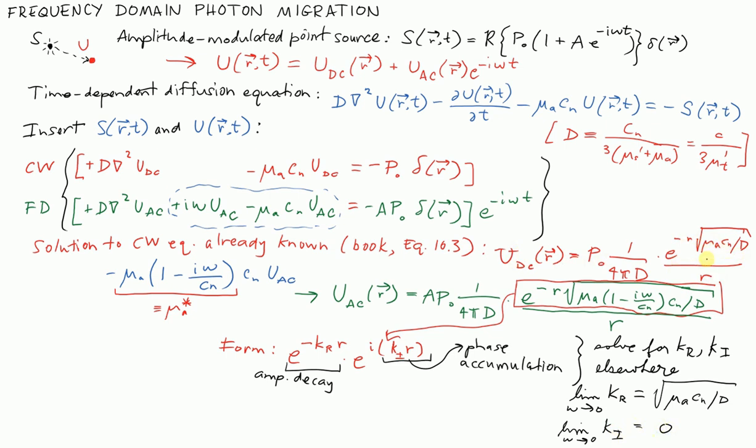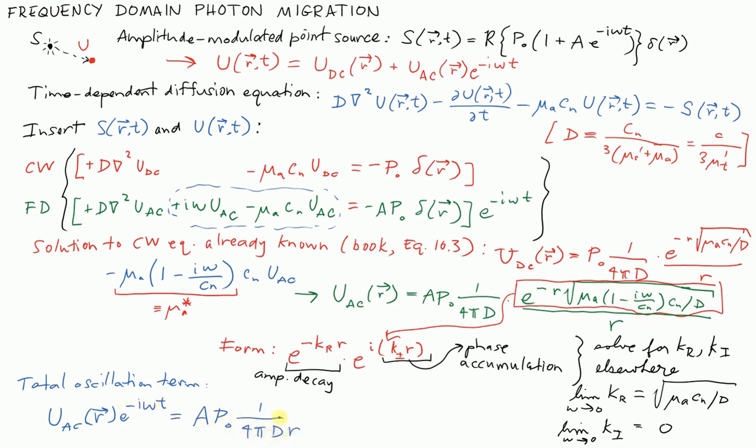So just to summarize all of this at the end, we have the total oscillation term has the following form. It's got a space-dependent part, which we call UAC of R, and it has this e to the minus I omega t, which notice we didn't write that here. This is just the spatially dependent part of the solution. So it's going to be equal to some fraction of the incident light source's maximum power, some recovered terms.